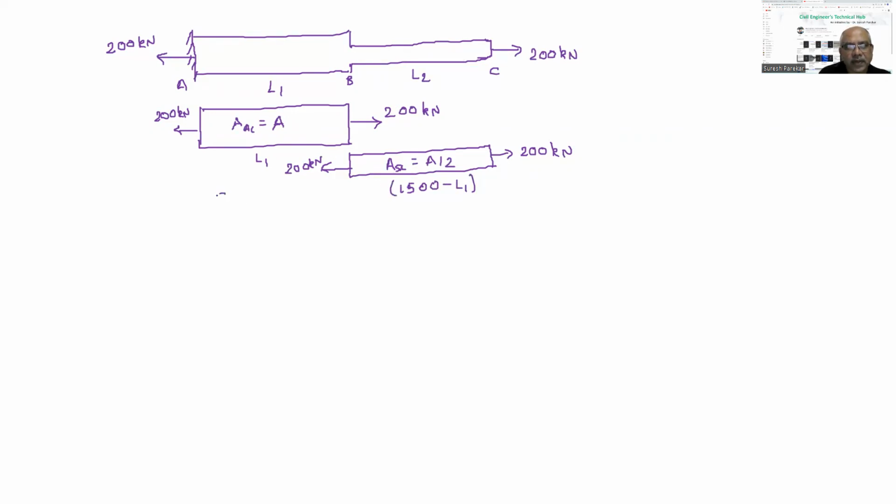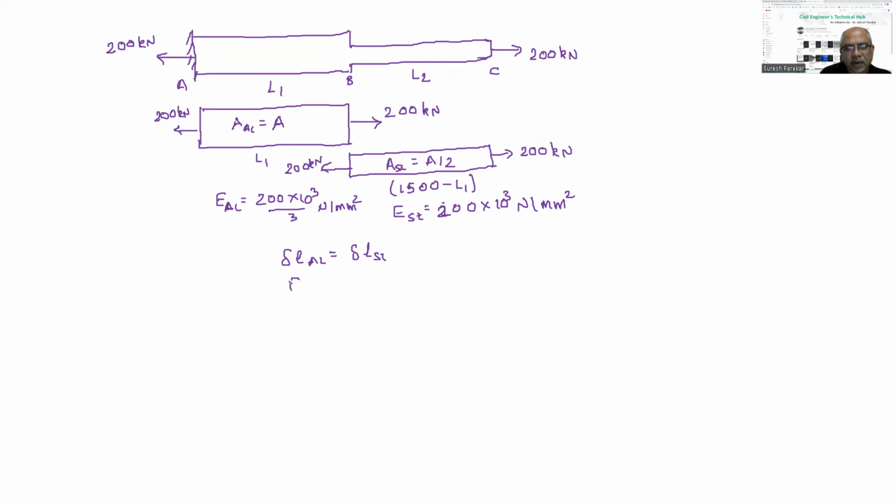E for aluminum is 200 into 10 raised to 3 upon 3 Newton per mm square, and E for steel is 200 into 10 raised to 3 Newton per mm square. And delta L is given the same, delta L of aluminum equals delta L of steel.